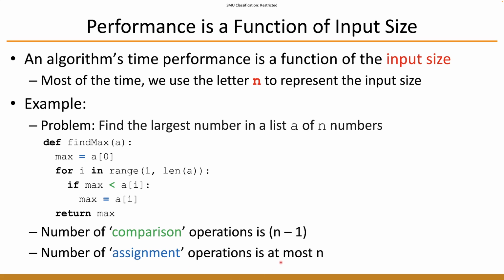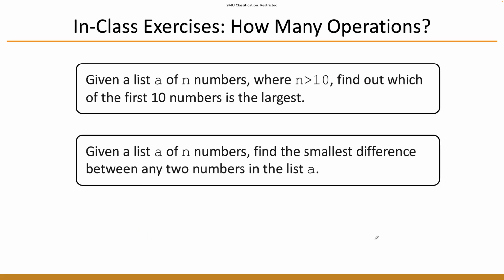This is the reason why we write it this way. We say that we cannot be certain how much it will be, but it will be at most n. In other words, we try to look for the worst case scenario. In the worst case, you will have n.